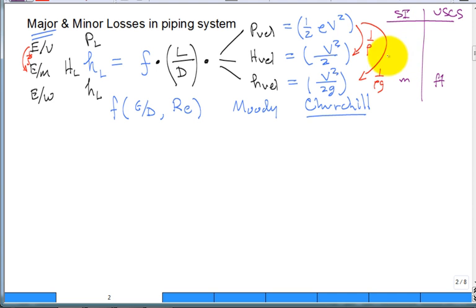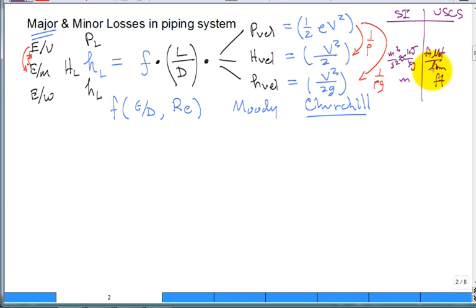And then this one would be maybe either meter squared per second squared, which can be converted to kilojoules per kilogram or joules per kilogram. Either one works. You just have to do the conversion. Or it can be in foot-pound force per pound mass.